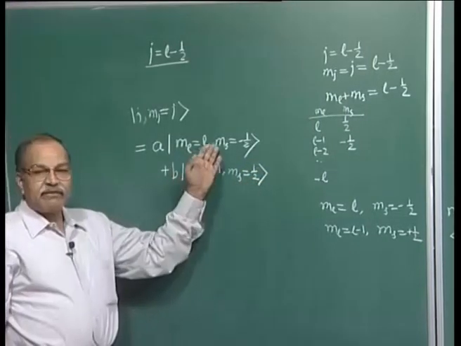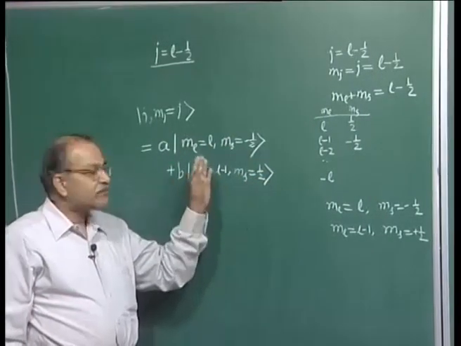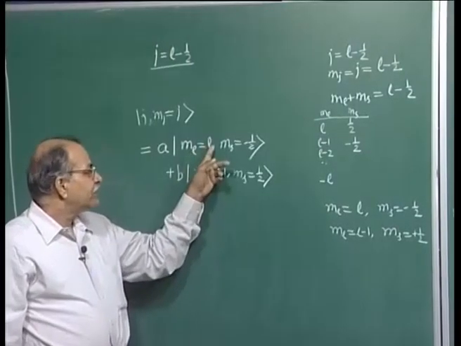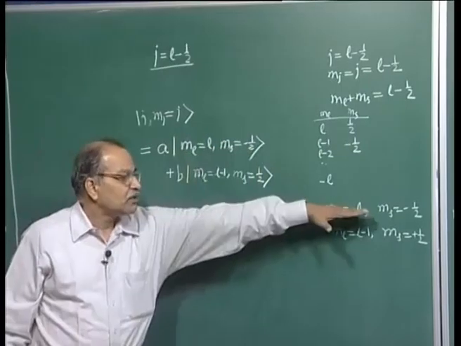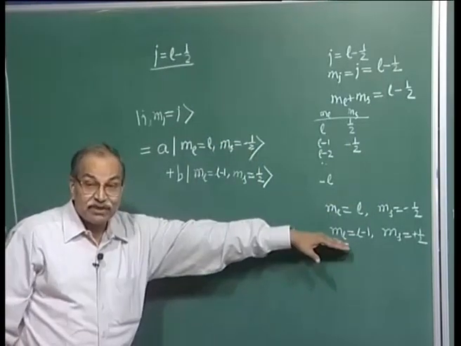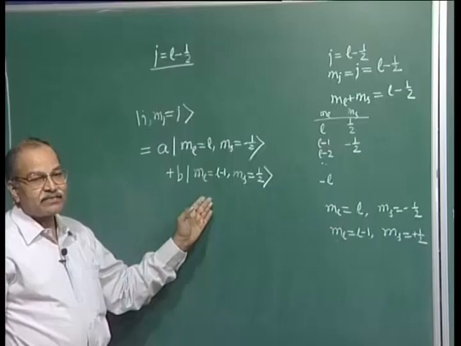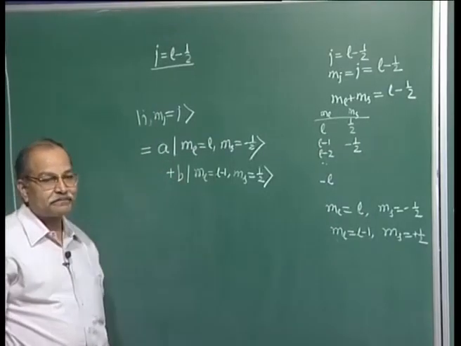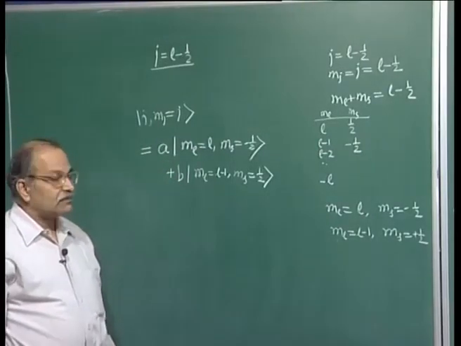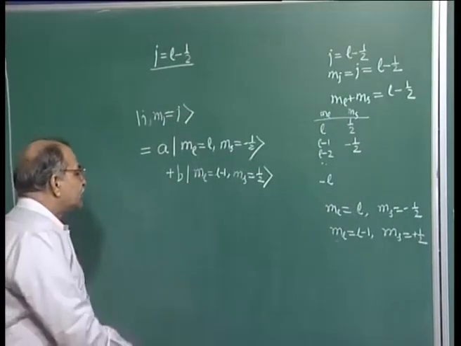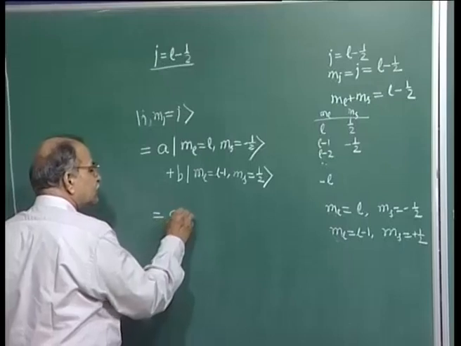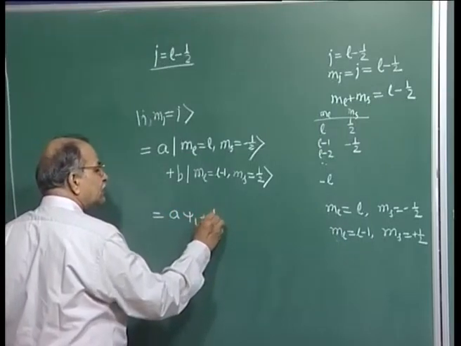The j value and L value are definite, so I am not writing them. ml is L, ms is minus half is one component, and this other component will also be there, with some fractions a and b. Now, you can write this as a psi 1 plus b psi 2.